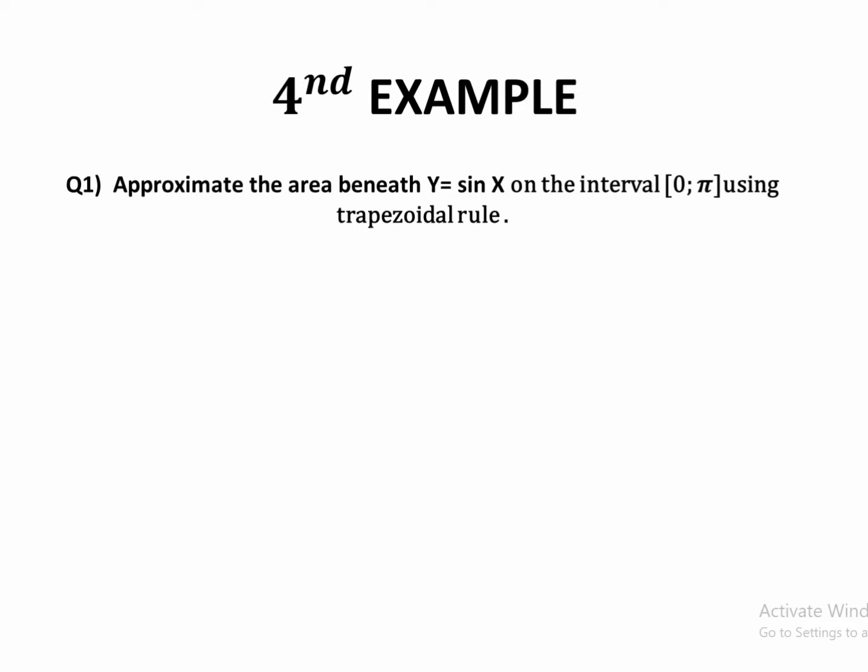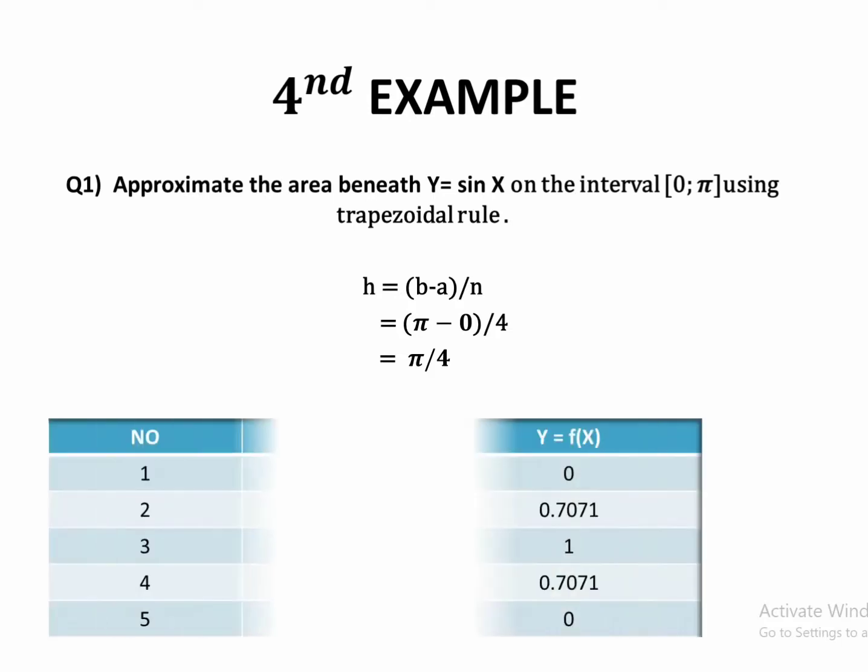So here I am assuming the number of intervals is equal to 4. You can assume 6 also, but right now I am assuming 4. So n is equal to 4, then h is equal to b minus a upon n, where b is pi, a is 0, and n is 4. So our width of strip is pi by 4.